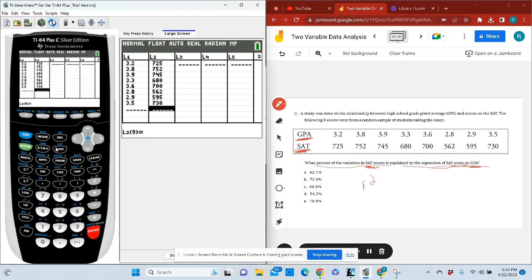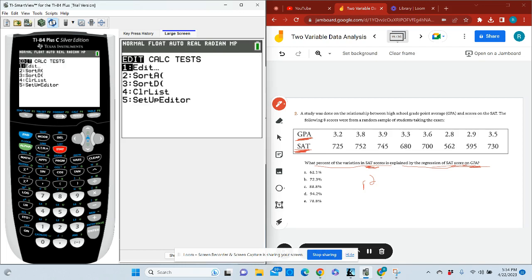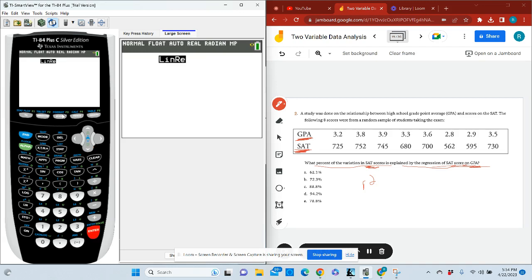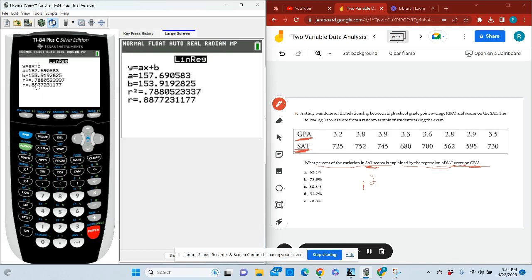And I'm just going to hit stat, calc. I'm going to go to LinReg. This time it definitely doesn't matter whether you pick function 4 or function 8 because I don't care about the regression line here. I just care about r squared. So I'm going to come down here and hit calculate, and I'm going to see r squared comes out to 0.788.